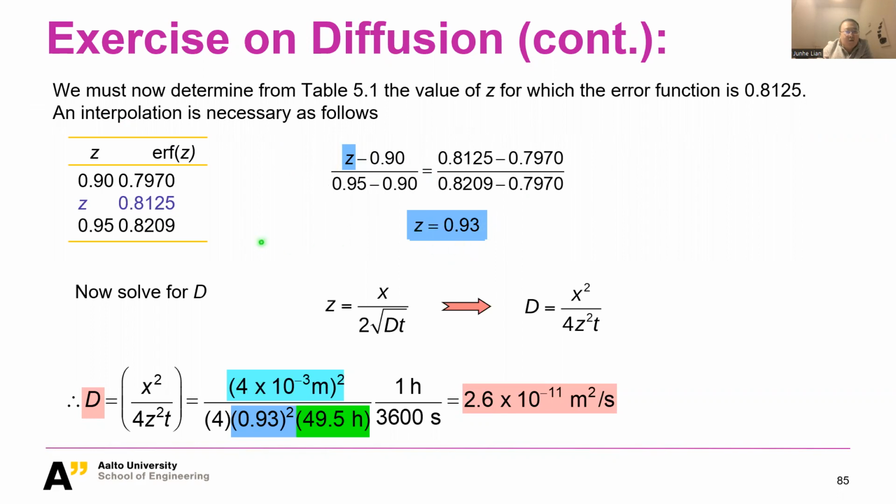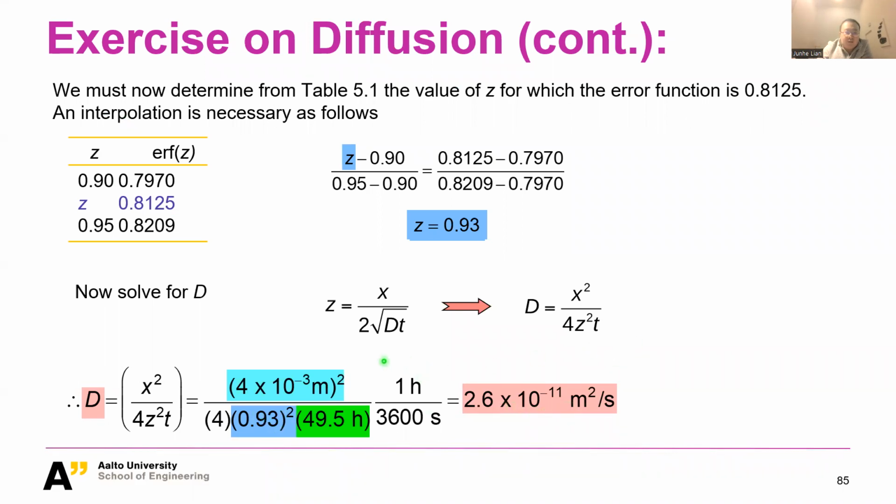So now you get the z is 0.3393. Well, now basically you know z is equal to what? Equal to x over 2 times square root of Dt. And you know the z, and you know x and t, of course. And you just take it into the equation.